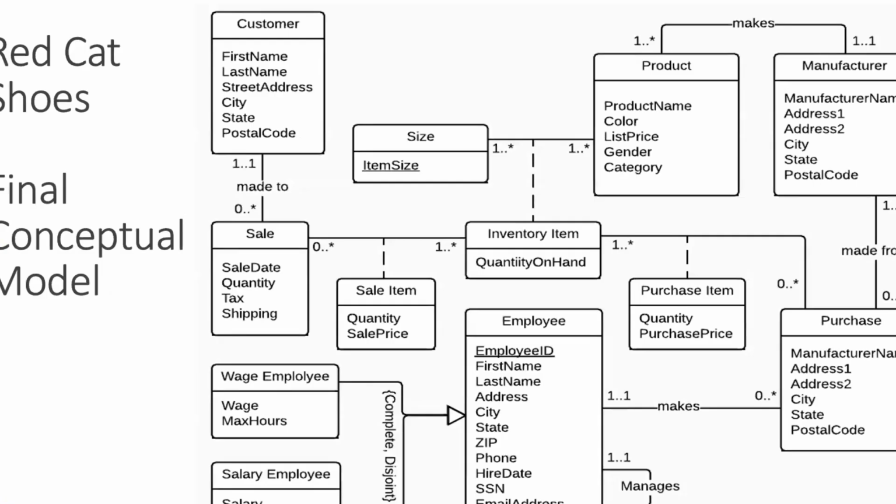So this is the full version of the RedCat database. The most important part of this page is that we are seeing a simple database with just 5 tables, very, very simple, and we can see that this is considered a class diagram.